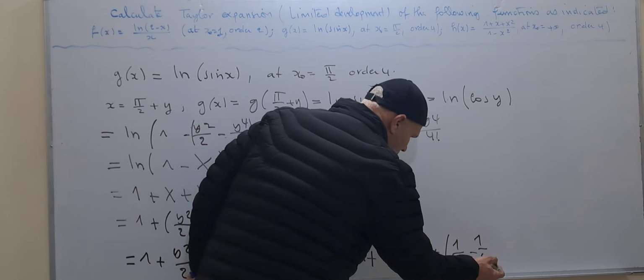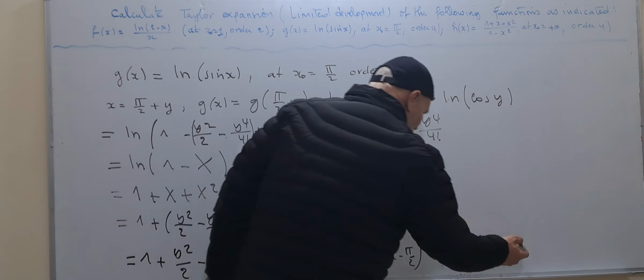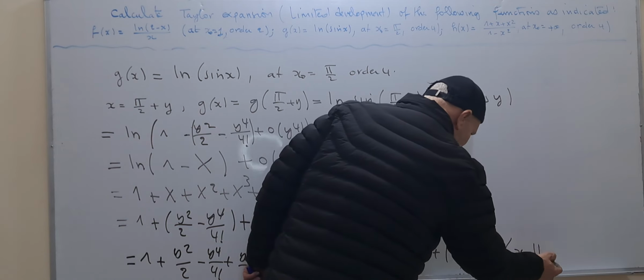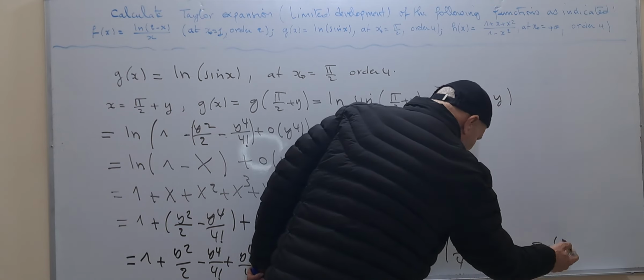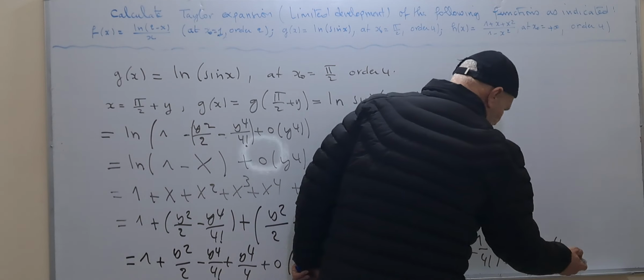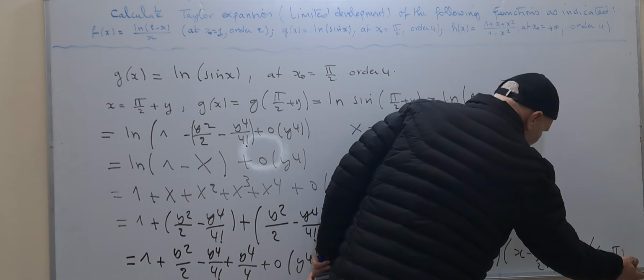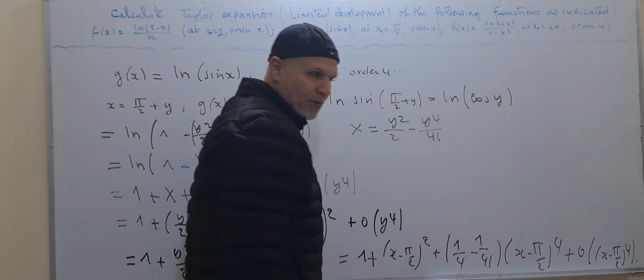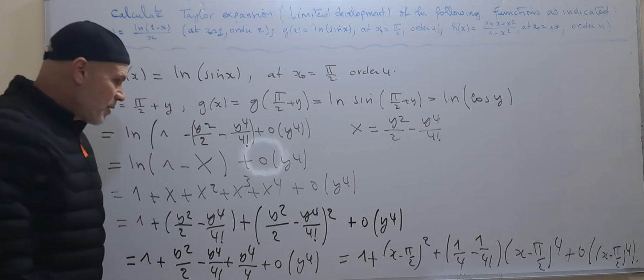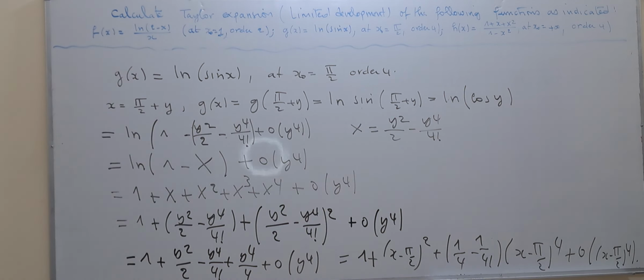We have to do the calculation of x minus pi over 2 power 4, plus x minus pi over 2 power 4. This is the Taylor expansion to order 3. I check if what I write is clear. Yeah, it's clear. It's okay.